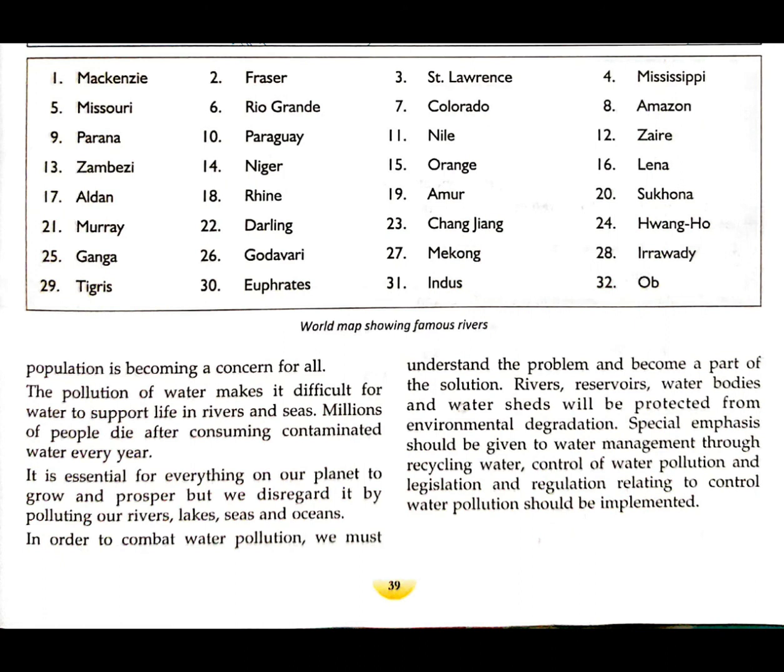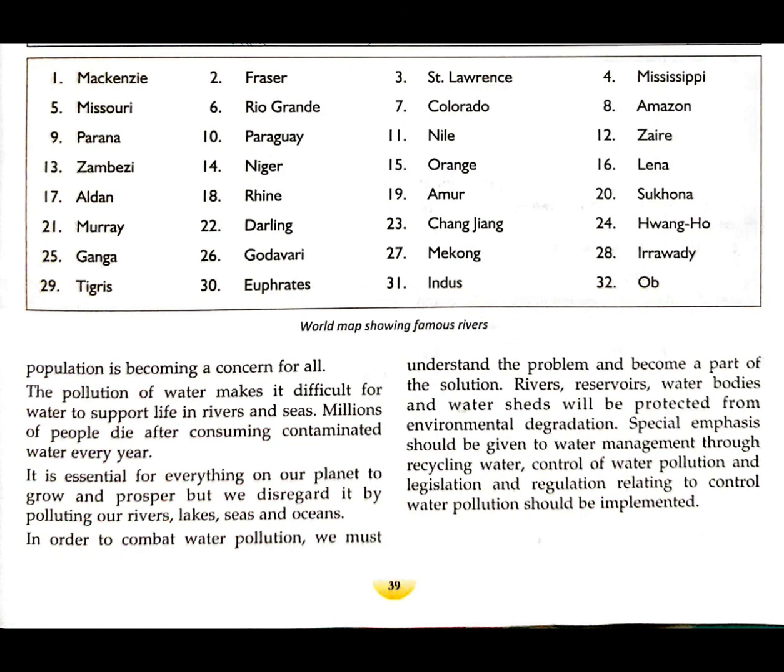It is essential for everything on our planet to grow and prosper, but we disregard it by polluting our rivers, lakes, seas, and oceans. In order to combat water pollution, we must understand the problem and become a part of the solution.